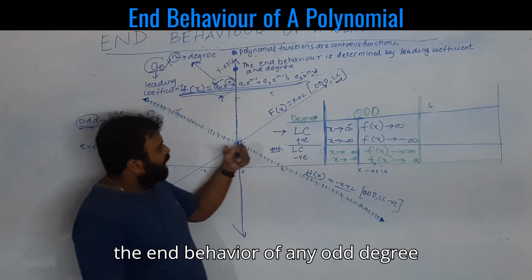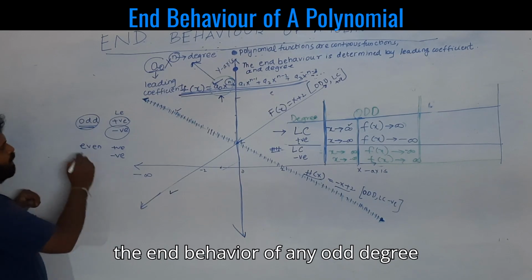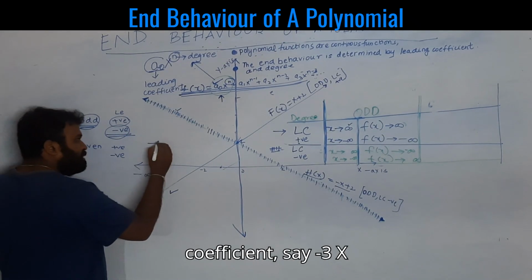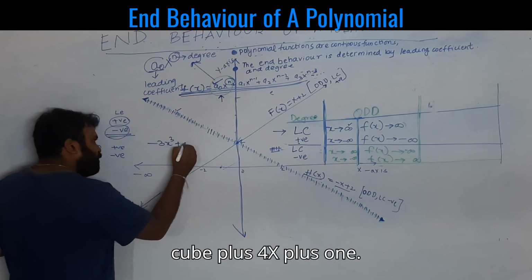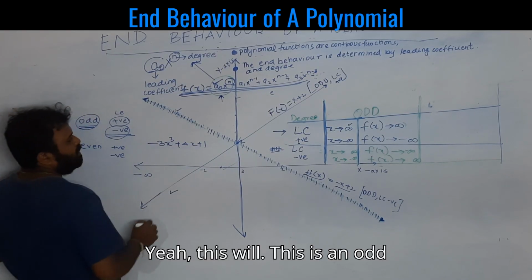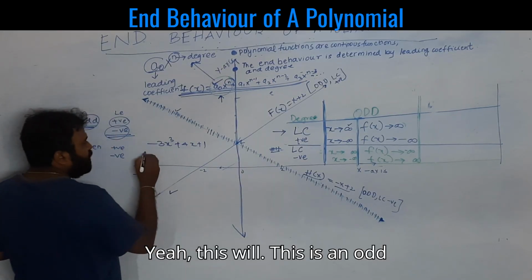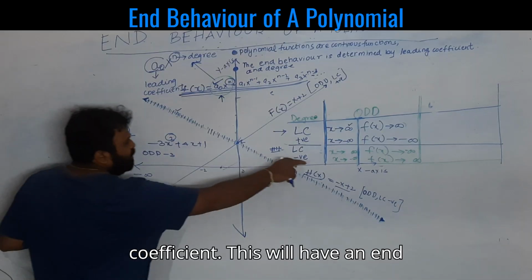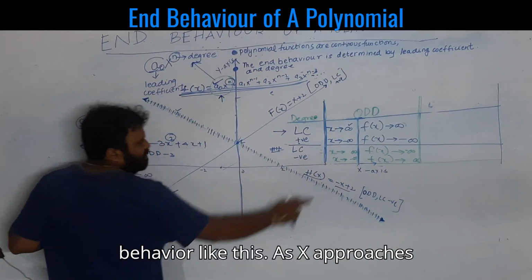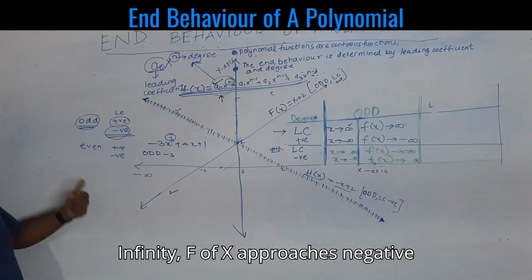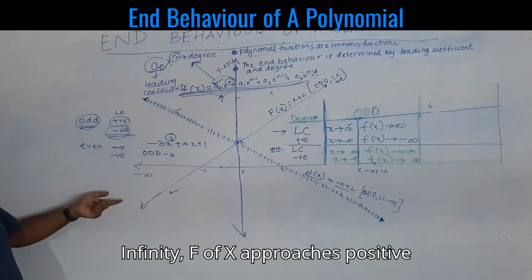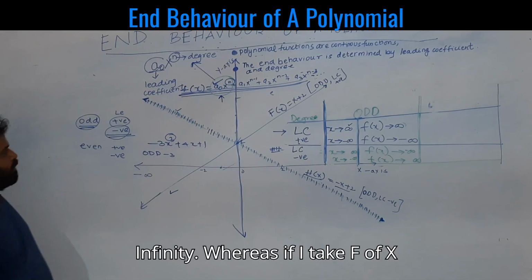That is the end behavior of any odd degree polynomial with negative leading coefficient, say minus 3x cube plus 4x plus 1. This is an odd degree polynomial with negative leading coefficient. As x approaches infinity, f of x approaches negative infinity. As x approaches negative infinity, f of x approaches positive infinity.